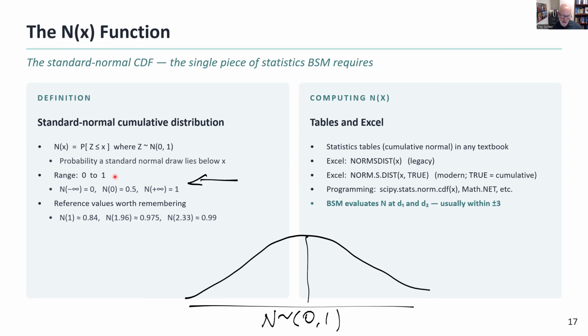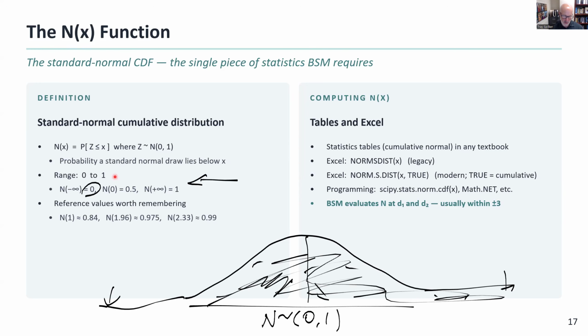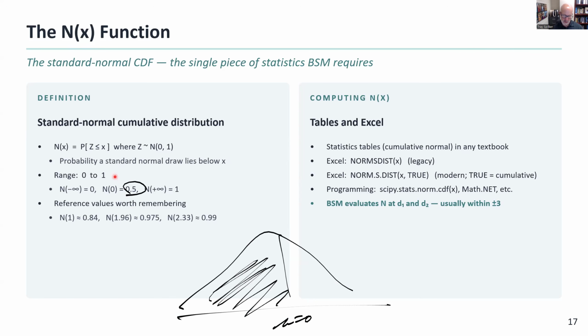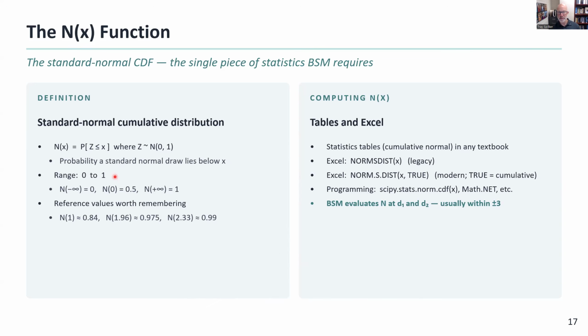Basically, anything way out here on the tail, at negative infinity, is going to have a 0 probability because there won't be any random draws way down here. If you're drawing from all of this region, of course, then the whole probability space is equal to 1. And then, of course, somewhere in the middle, because it's a balanced distribution, the probability of observing anything left of the mean, mu equal to 0, is equal to 0.5. Okay, that's the probability of observing a number below that line.